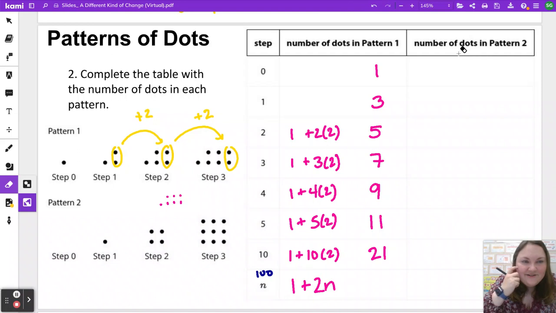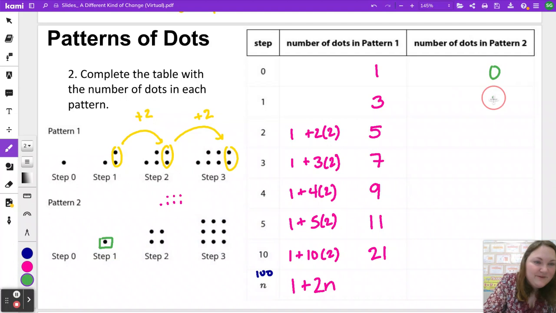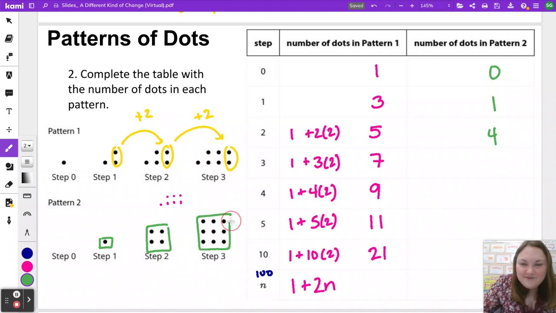Now what about pattern 2? With pattern 2, we had already said earlier that we're starting with 0. And then in step 1, I've got a 1 by 1 square for a total of 1. Step 2, I've got a 2 by 2 square for a total of 4. Step 3, I've got a 3 by 3 square for a total of 9.